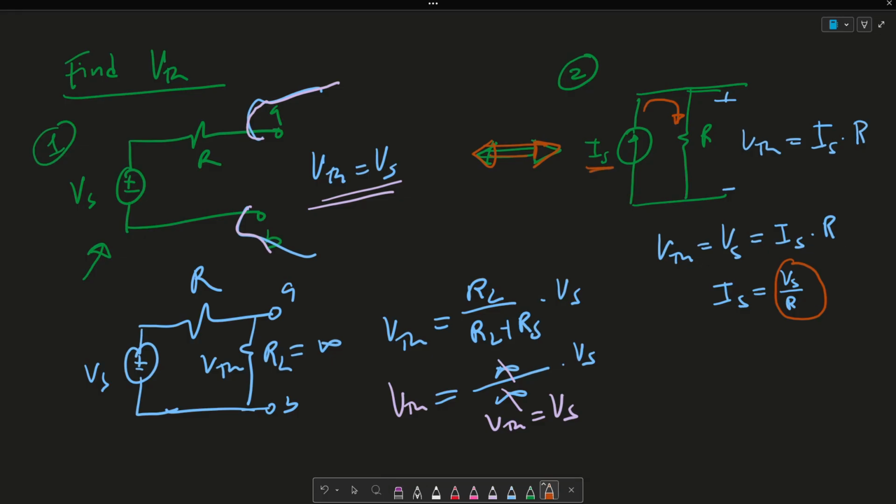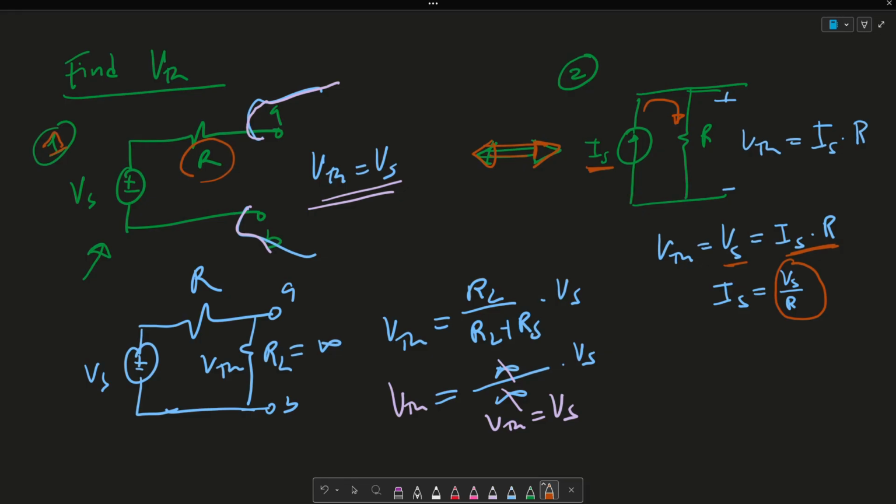I hope this makes sense in terms of how we can convert it. And obviously, if you're given IS in parallel with R, you can simply multiply R by IS to get your VS and put it in series, and you can go back to circuit 1.